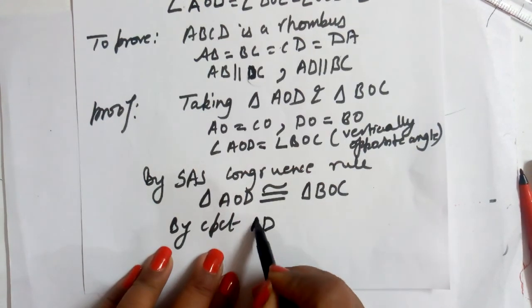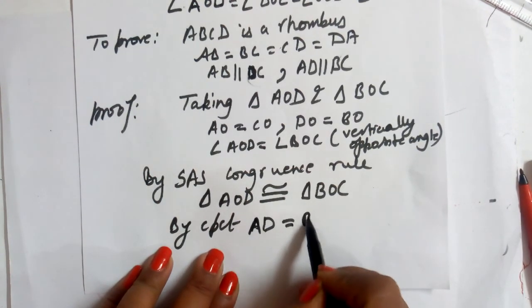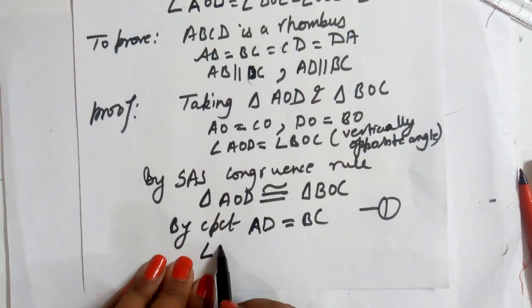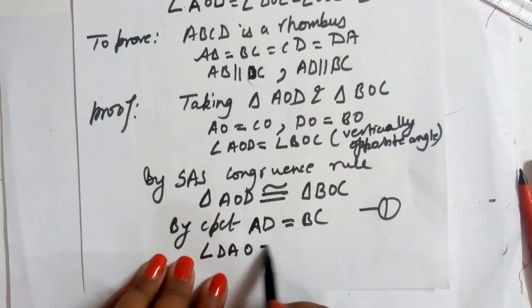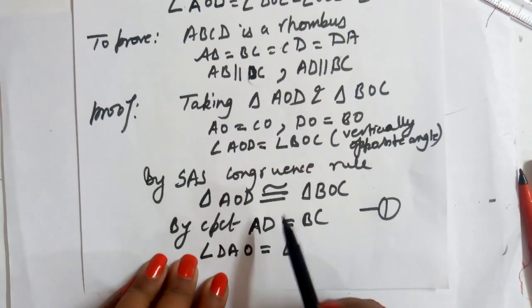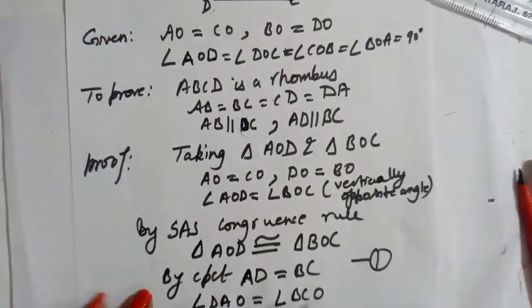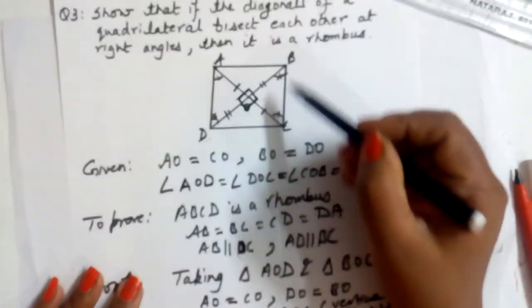AD is equal to BC. Okay, first angle DAO is equal to angle BCO.